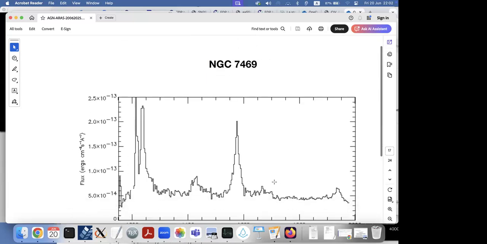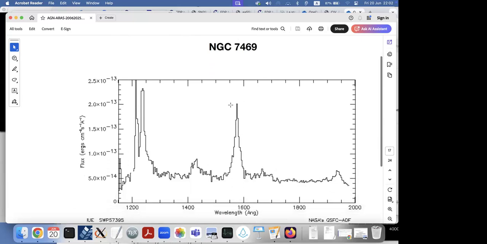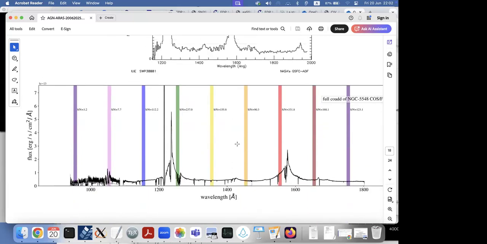Okay? And again, another Seyfert 1, 7469, is bright enough that you should be able to see it. And in this case, it actually shows the carbon-4 with a very narrow core. And the extended spectrum, where you can really see the narrow line region.